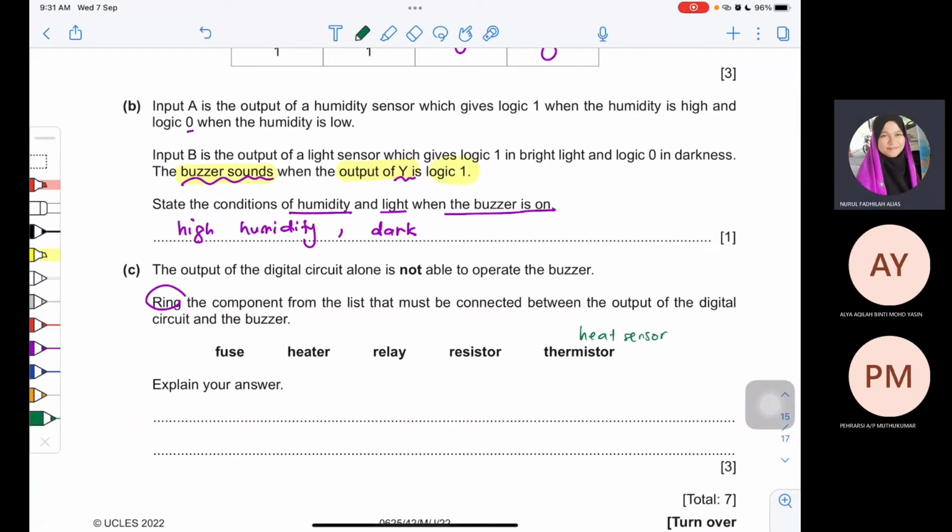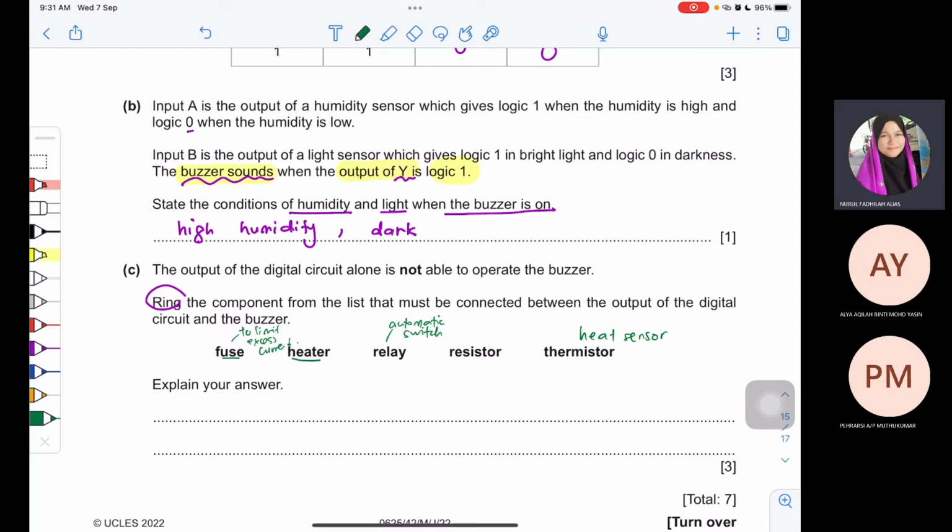What about resistor? Resistor is just resistance. Okay, relay. Okay, relay is an automatic switch. Then kita ada heater. Heater is heater. And fuse, dia to limit excess current.